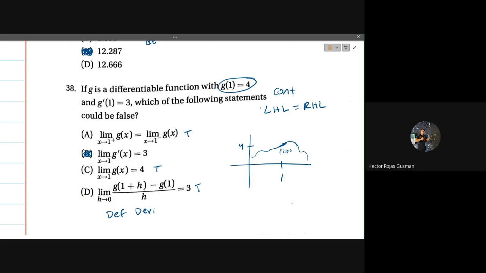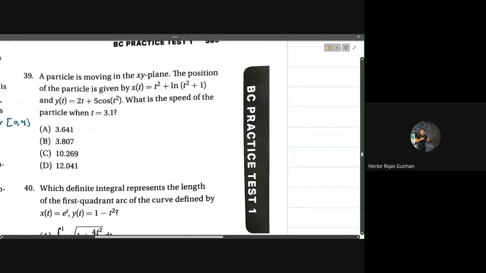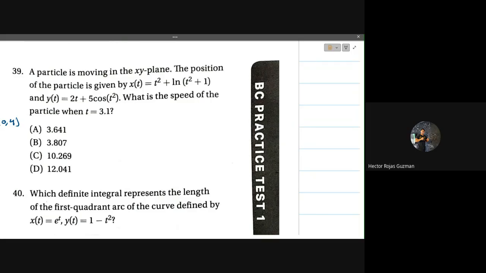39. Good, almost done. A particle is moving in the xy plane. The position of the particle is given by x and y. What's the speed of the particle?